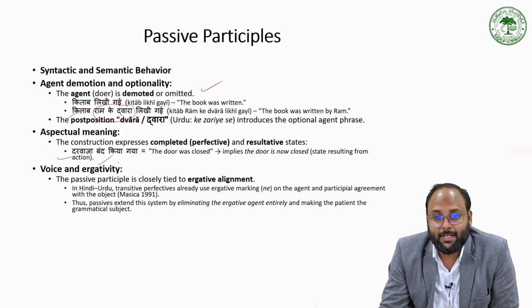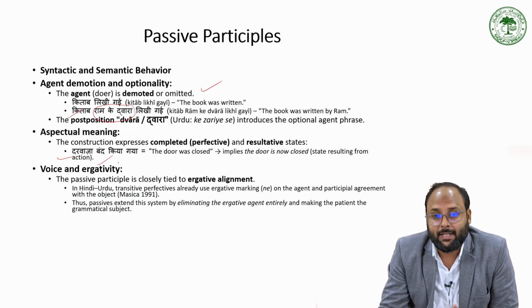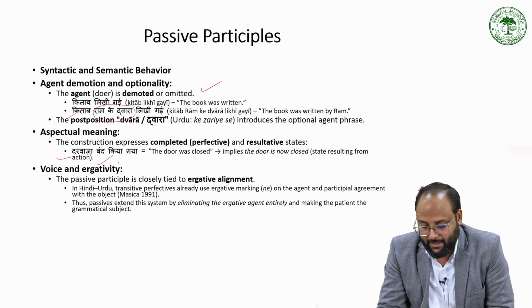Why? Because of this V2, which is gai, the intransitive verb. So the whole sentence is actually controlled by this gai, the intransitive verb. Because of this gai or gaya, the subject does not take the ergative ne. That is the reason behind it.